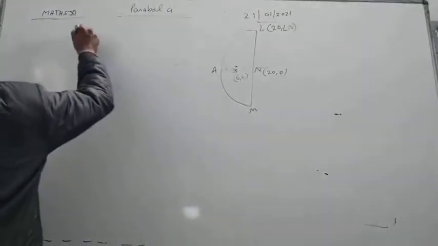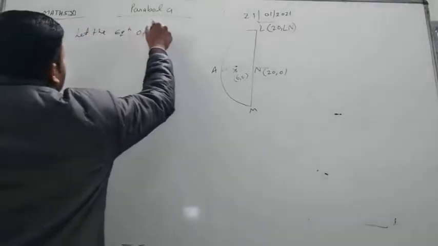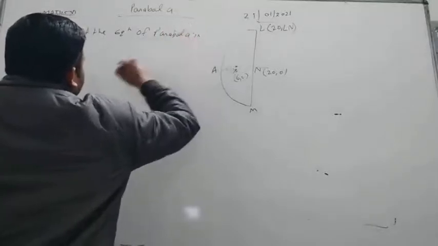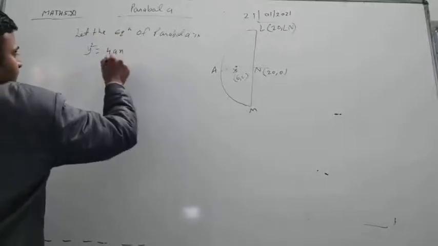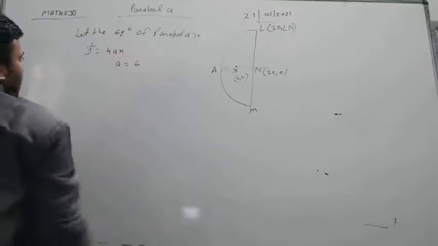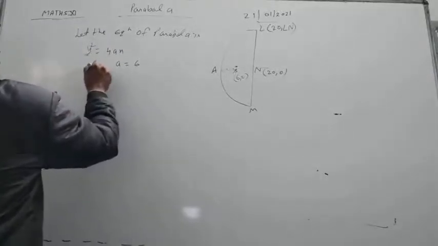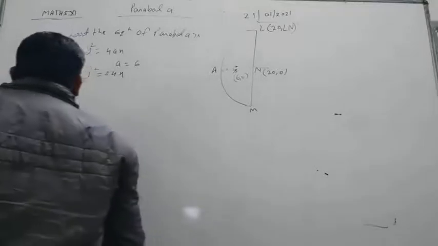So let the equation of the parabola be y square is equal to 4ax, and a is 6. Here we see that a is 6, so we write y square is 24x. Okay, student.